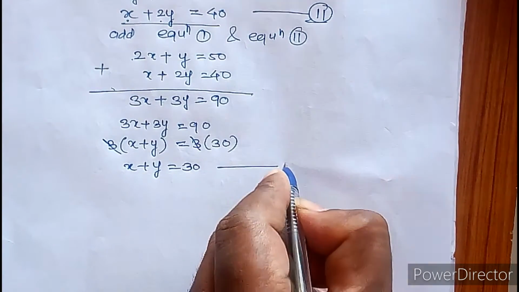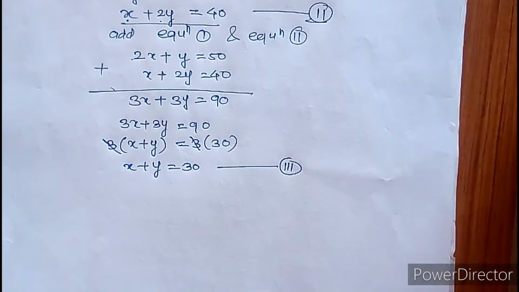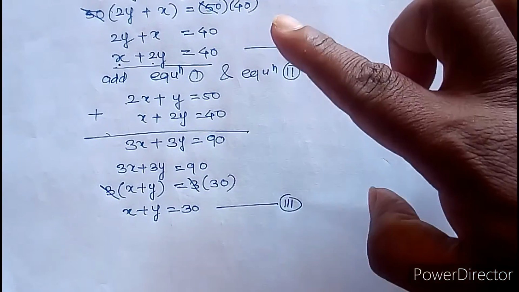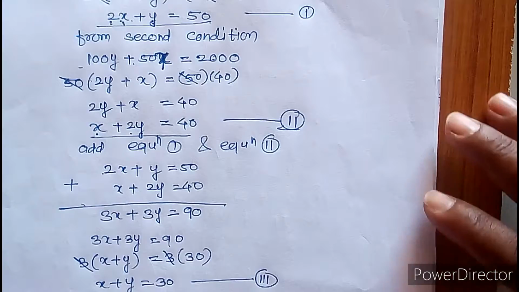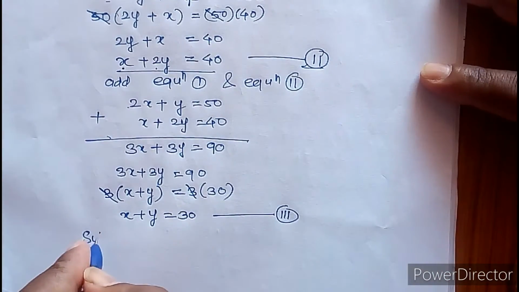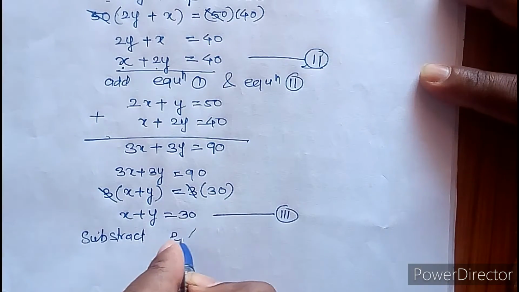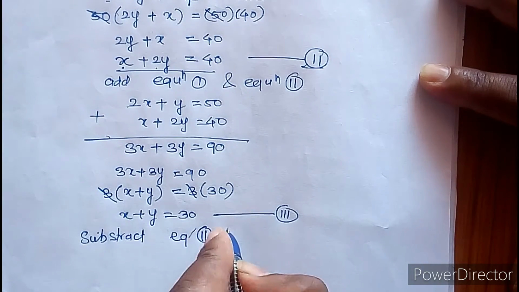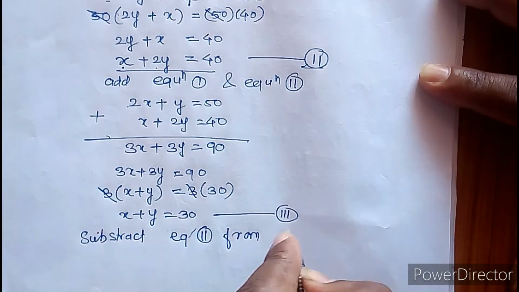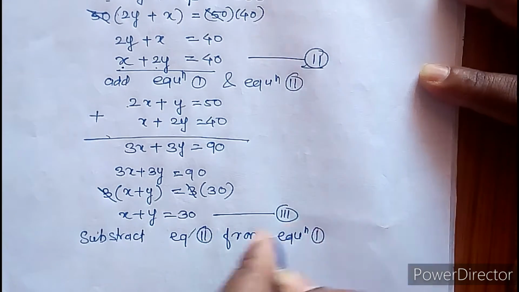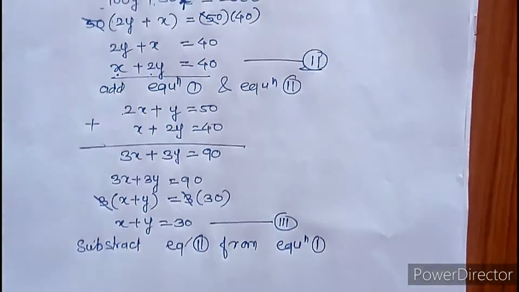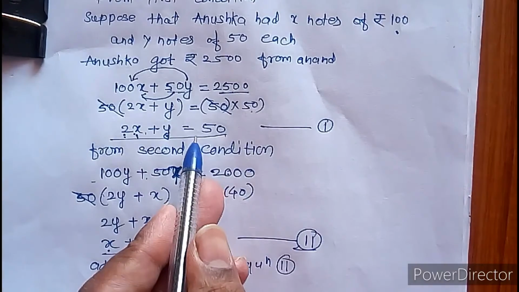We get a new equation, give it equation number 3. We get this equation by adding these two equations. Now subtract equation 2 from equation 1. Here we have to subtract equation 2 from equation 1.